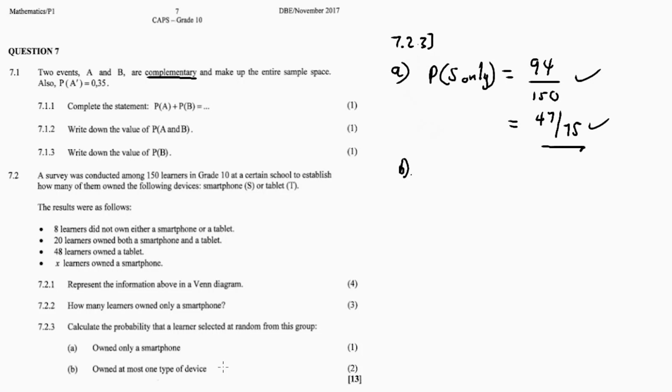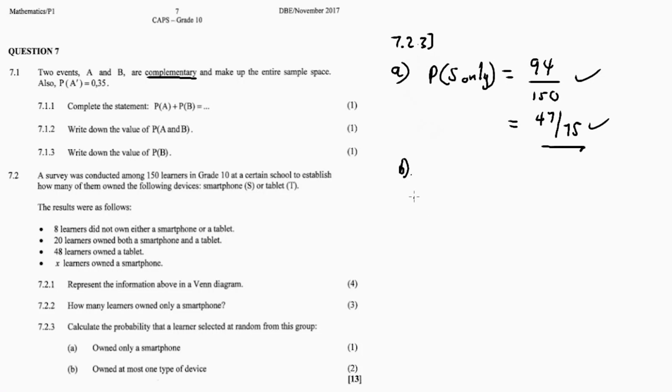Ngathini le phrase le gama lelithi at most, it means the most you can have is one device. The most you can have is only one device, right? So one device or no device, you still fall at most.